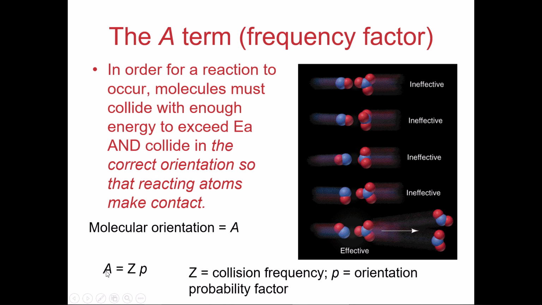So our frequency factor A is equal to total collisions times the probability of a good collision. So A represents how many good collisions we have. And this has to be determined experimentally. In the next video, we'll talk about the math and how we can calculate the A value and how we can calculate k value at different temperatures.